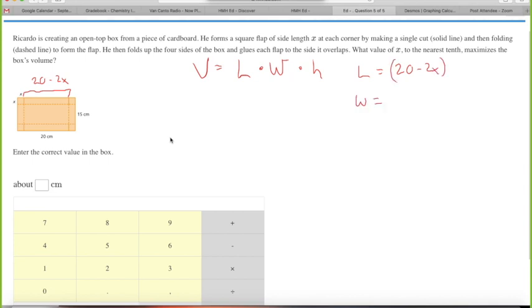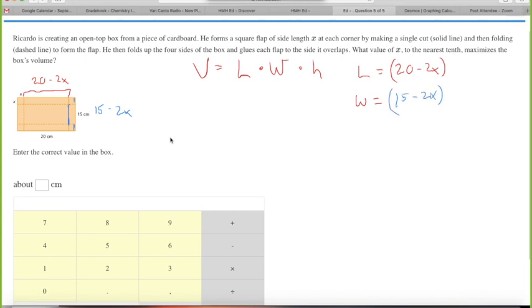Our width, we'll switch to blue and be fancy, is this part right here, which is equal to 15, which is the total length, minus 2x. And again, that's because we have an x there and an x there. So 15 minus 2x.